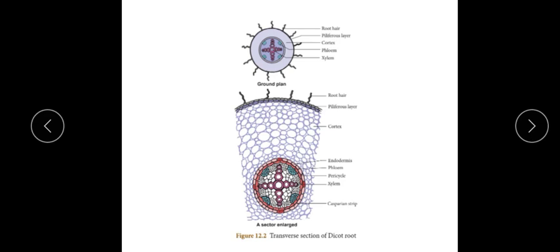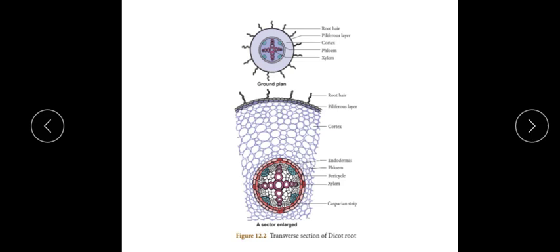And you can see lots of spaces in between. Have a look at this cortex layer. The spaces are given the term intercellular space, meaning that between the cells there is a space. Later on I'll tell you, when the water is moving, why there is a space also.